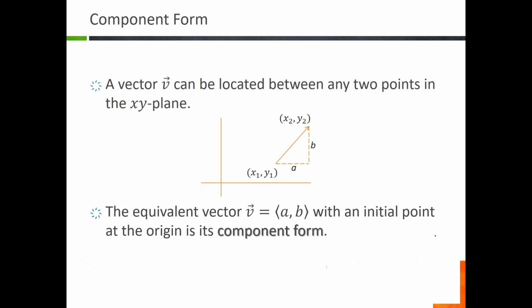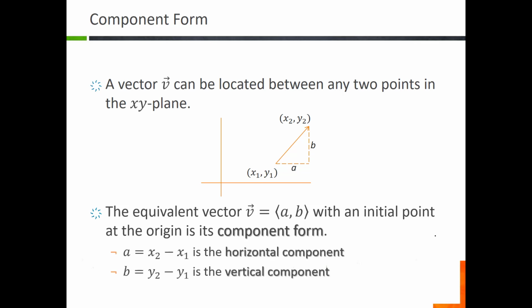So we have angled brackets, and the notation is a comma b. It looks like an x comma y coordinate, but it's actually an a comma b vector because I'm using the angled brackets. A and B represent the horizontal and vertical components, and we can then draw that vector AB at the origin.